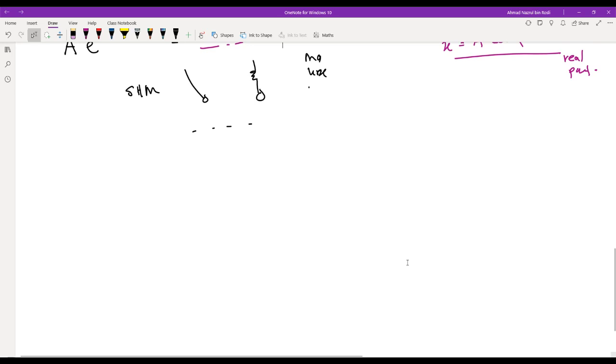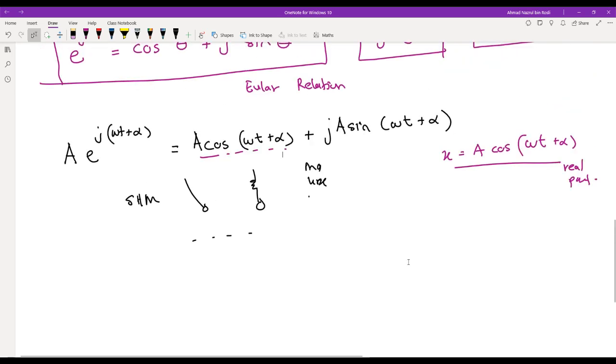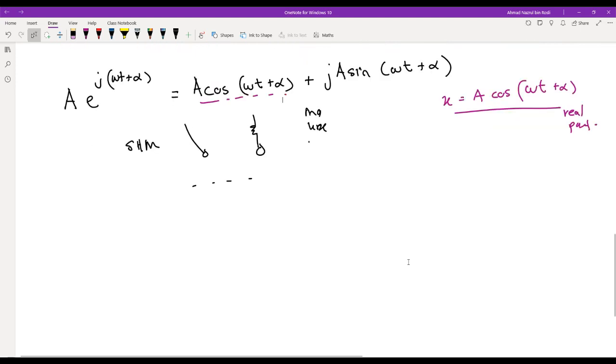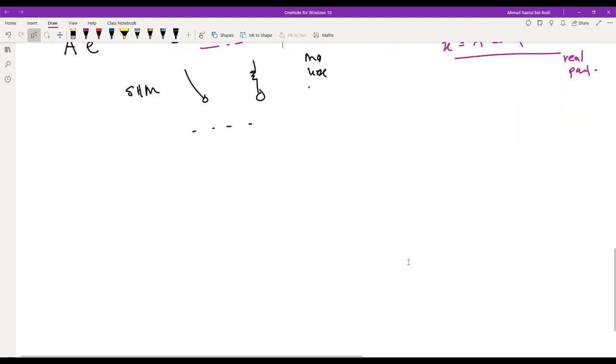So we continue with the application in simple harmonic motion, before we go to the example. Here is the simple harmonic motion for the mass spring system.